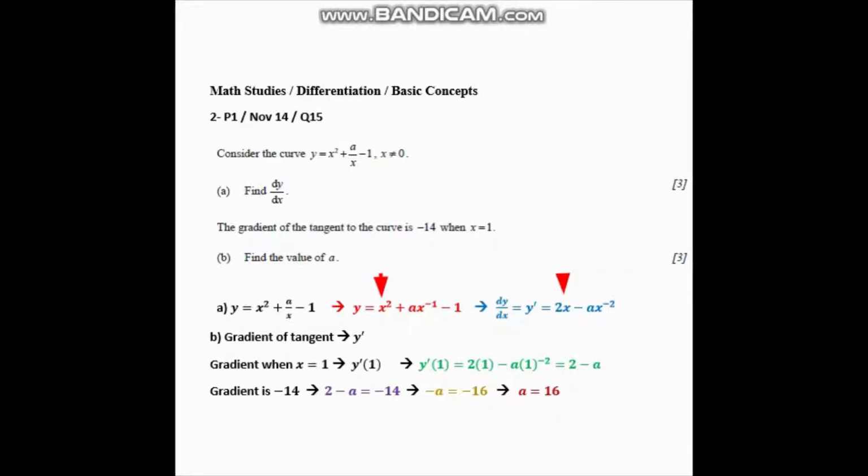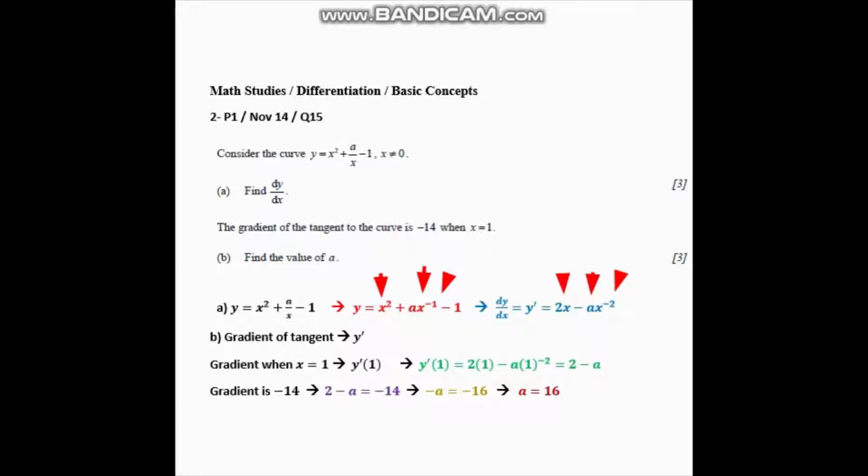For the second term, I have ax to the power of negative 1. I shall begin by multiplying by the original power. So negative 1 times a gives me negative a, as you can see. Next, I shall reduce my old power by 1.